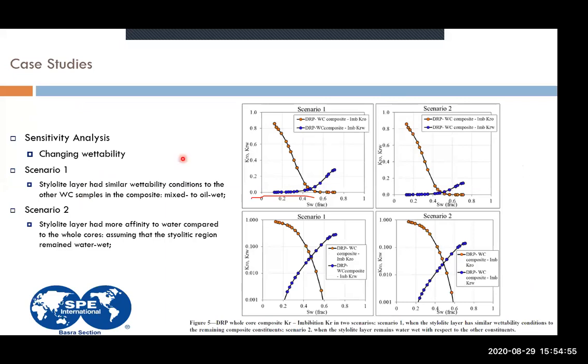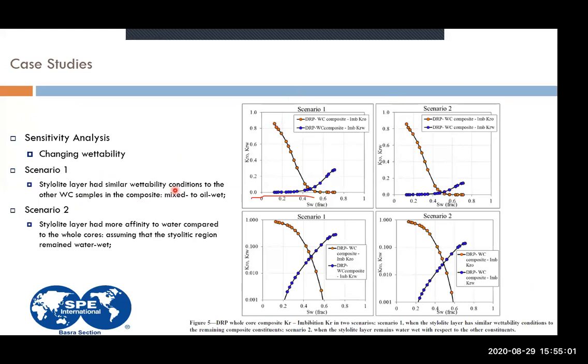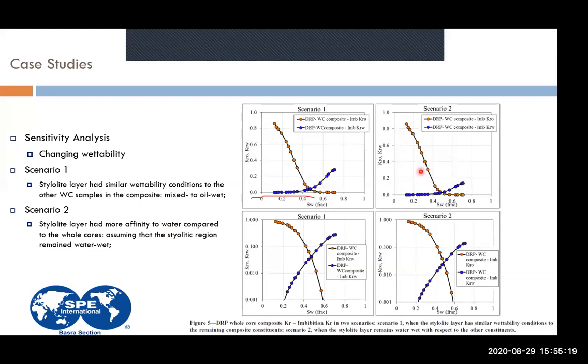As you can see, they performed some numerical analysis here. This scenario 1 had similar wettability conditions to the other whole core, next to an oil wet scenario, and the other is more like a water wet scenario. And there you could see this kind of result. You can analyze and correlate scenarios based on the changing of your wettability.